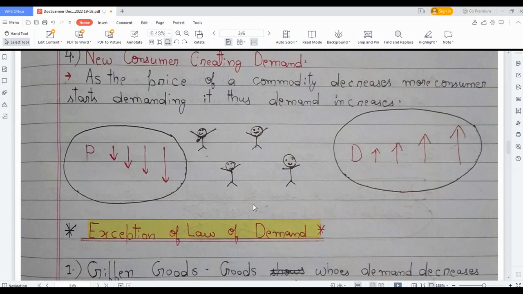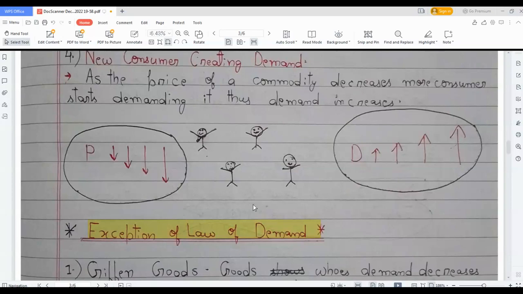Suppose there are 1,000 customers demanding it at present. Now, if the price decreases to 1.5 lakh, more and more consumers will also start demanding it as the commodity has become easily available or cheap to them.